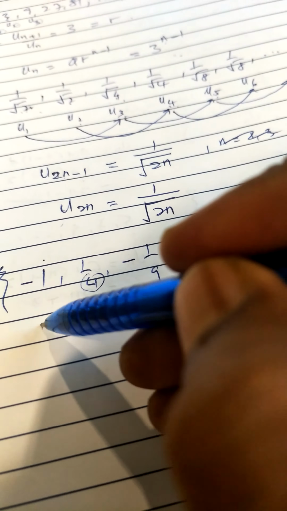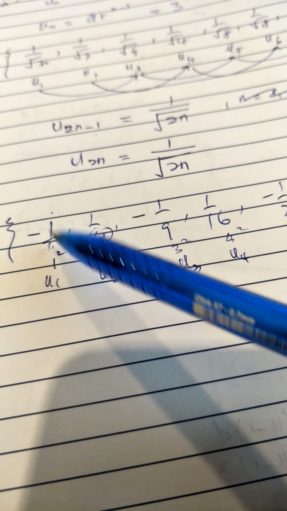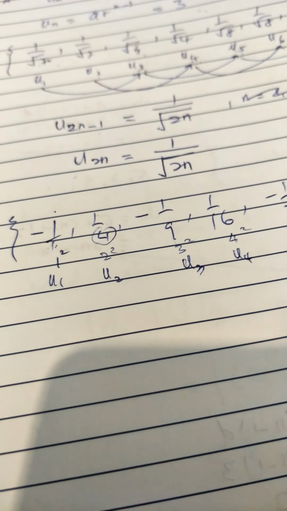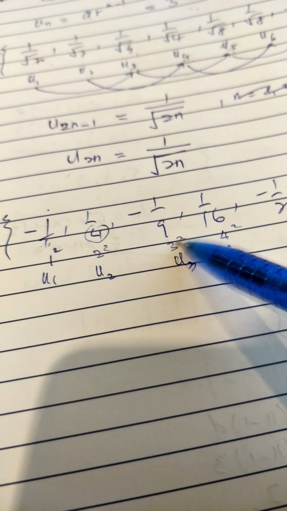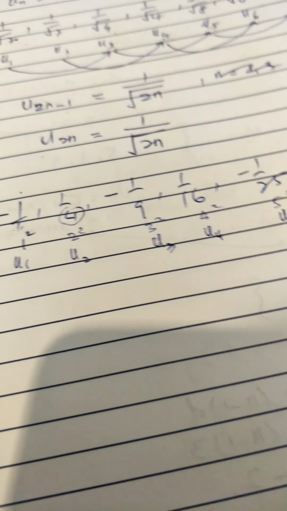For u1, this is 1 squared, because this is 1 over 1. Look at the denominator. The numerator doesn't change, so we don't have to worry about that. We have 1 squared for u1, u2 has 2 squared, u3 has 3 squared, u4 has 4 squared, u5, 5 squared, u6, 6 squared, u7, 7 squared, and so on.